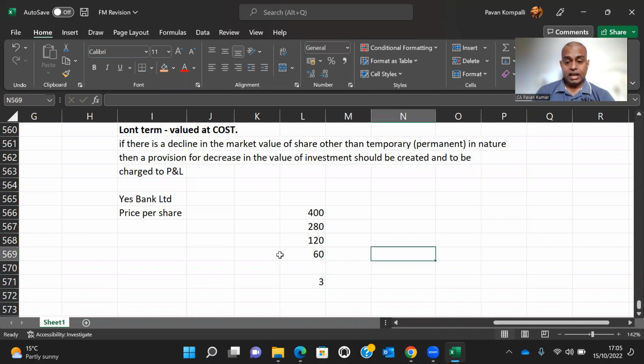So on this day, say for example, I have 10,000 shares at a weighted average of 200. Now it has become 10,000 shares at a rate of 3 rupees.